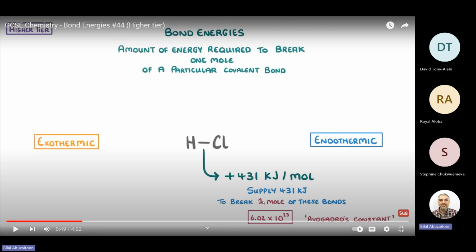It will be the exact same value, but the only difference will be the direction, which is positive or negative. Excellent. So in this case it should be 431 kilojoules per mole, but negative, which means heat released by the formation of the HCl bond.